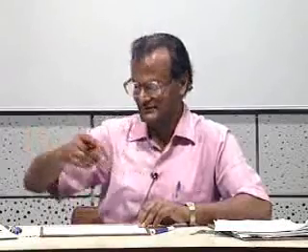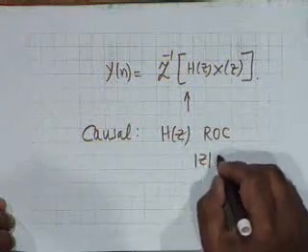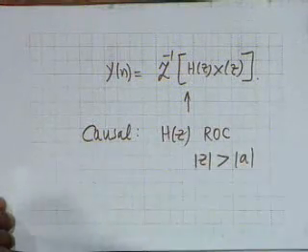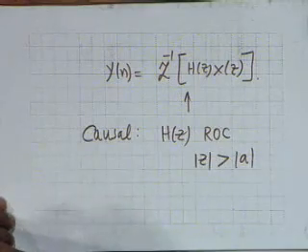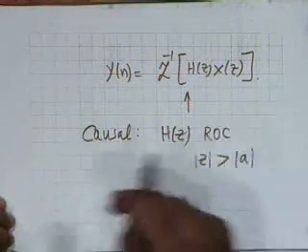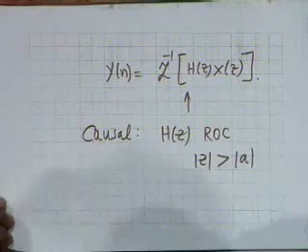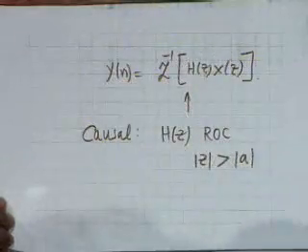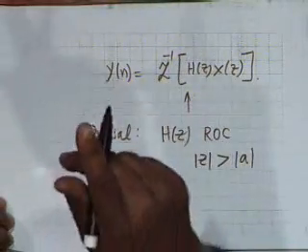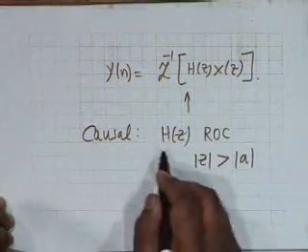In other words, it would be a right-sided ROC. Outside some circle of radius a, let's say. Is the reverse true? Not necessarily. Why? Because the sequence might start from n less than 0. So it's a forward statement.